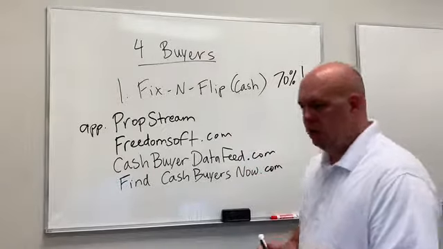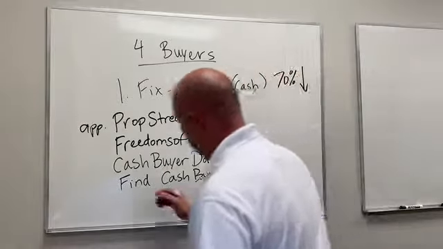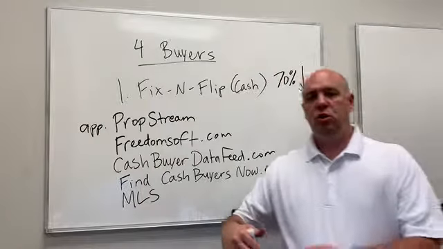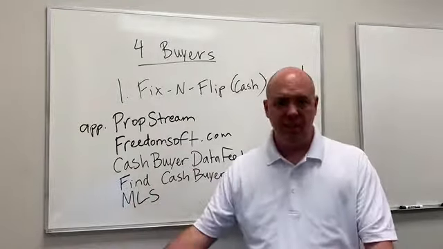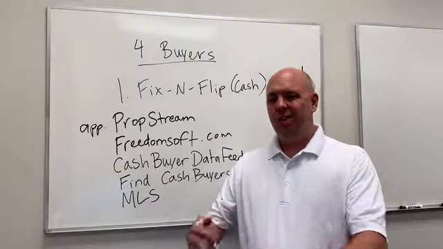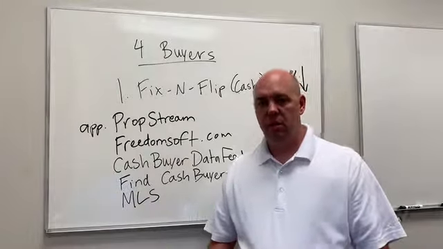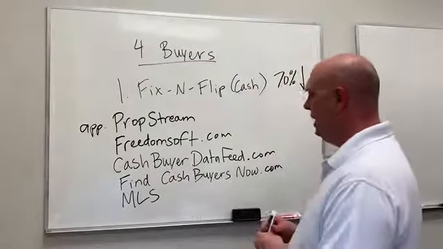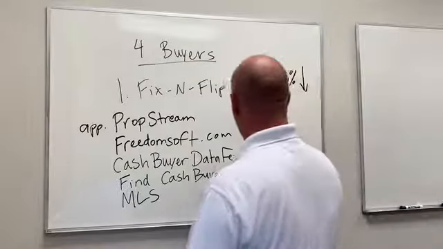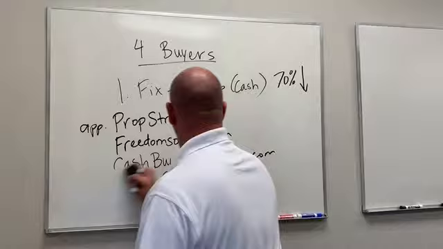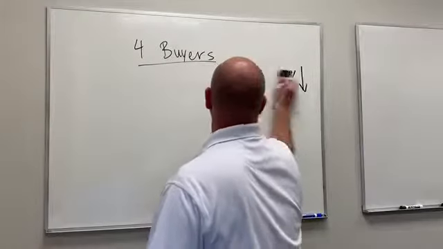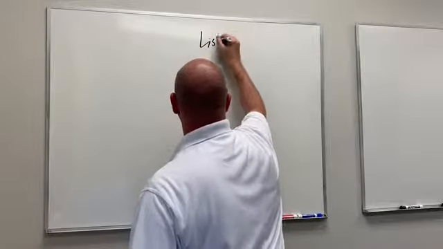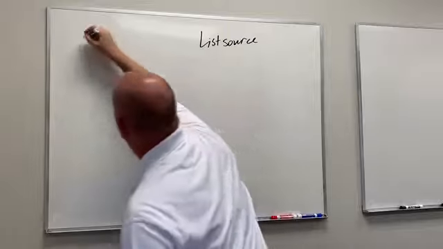I'm running out of room here, so I also want to add a couple other resources. Is the good old MLS, the multiple listing service. A lot of times you can pull up a list of cash transactions in your city, in your county. It all depends on your localized MLS. Some other list companies would be like ListSource. Let me make some room here and add those right back.